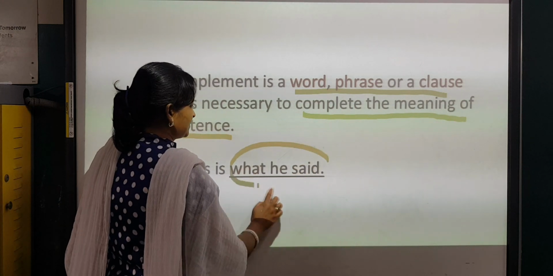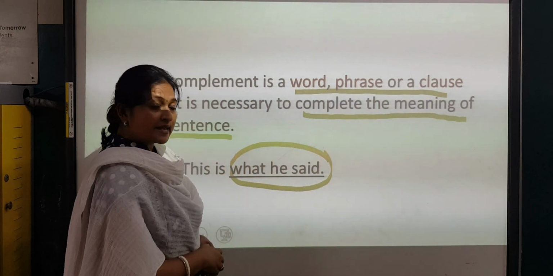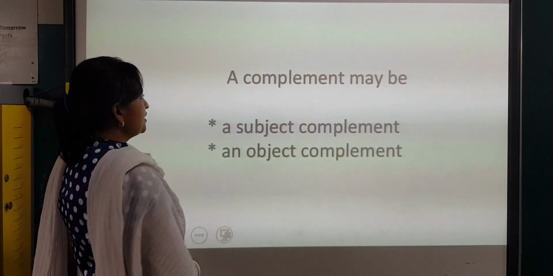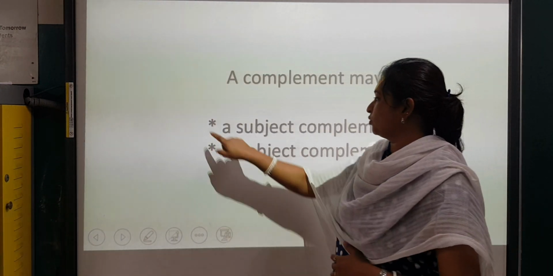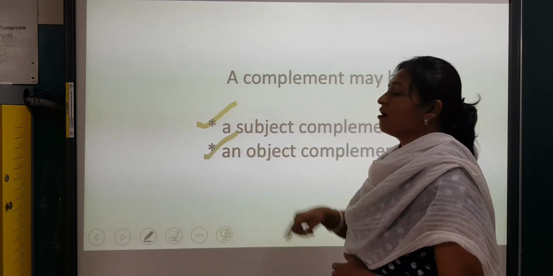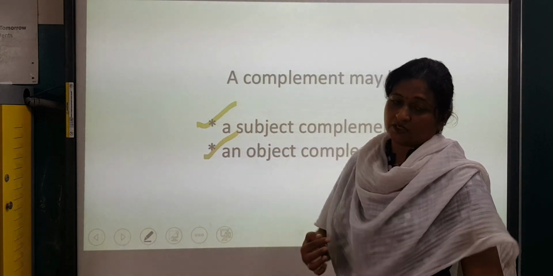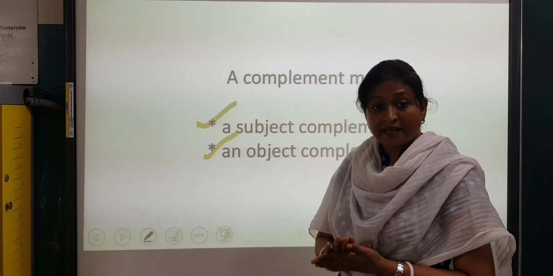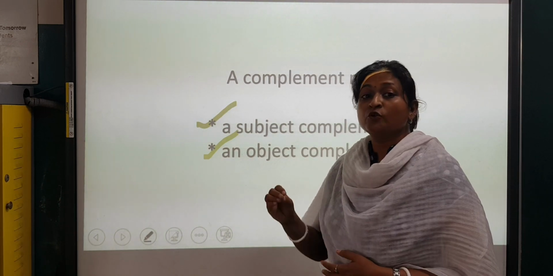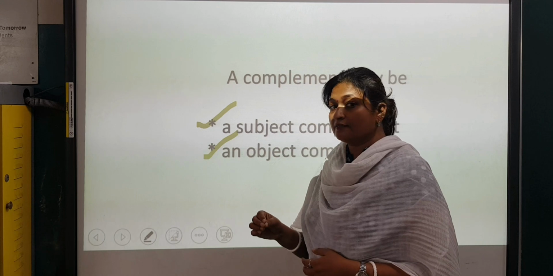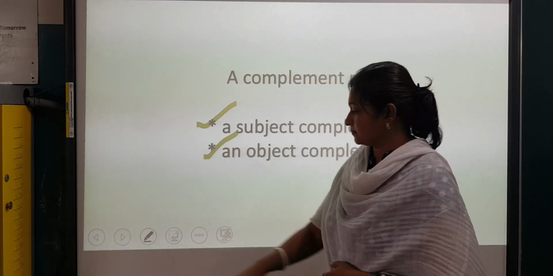So here the complement is what he said. Now, a complement can be further divided into a subject complement or an object complement. Okay, so many times it can be found in the predicate, but sometimes you can even find that in the subject place.